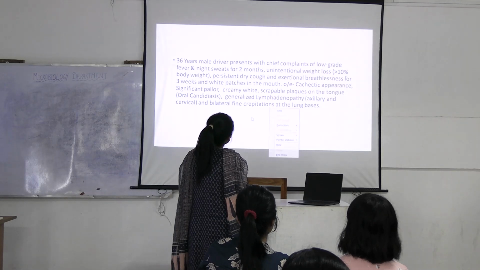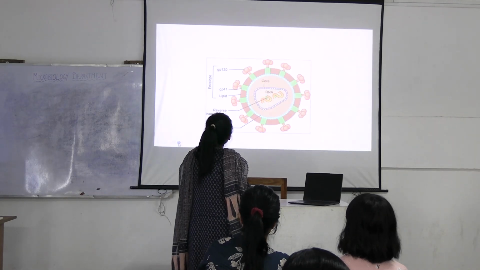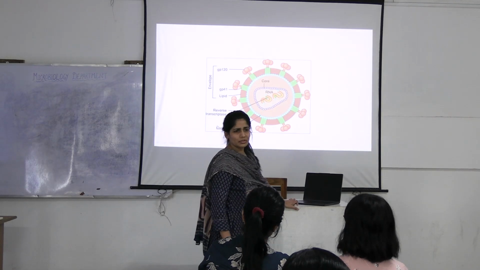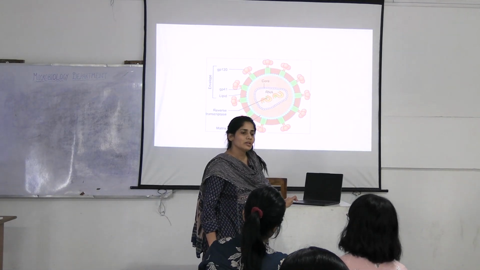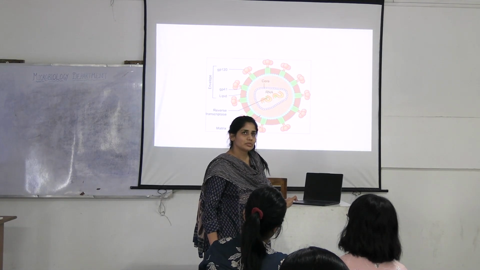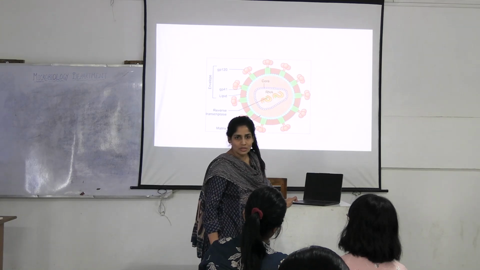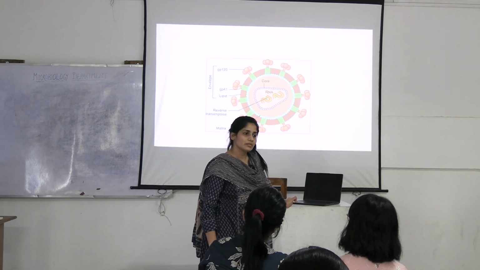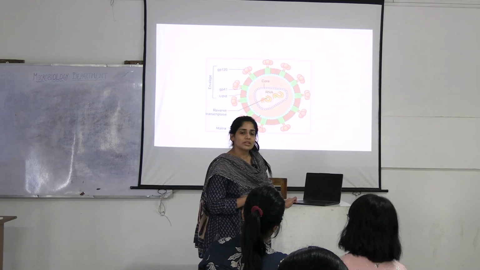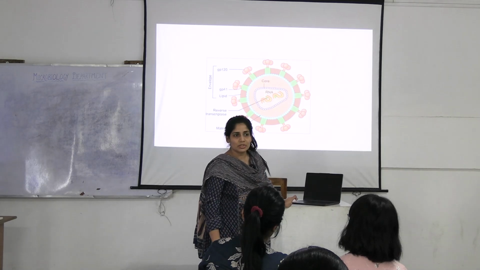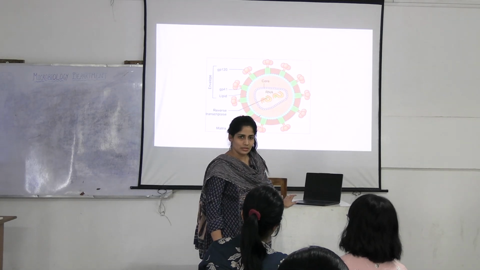There are 2 serotypes. You might have heard about HIV-1 and HIV-2. Out of this, HIV-1 has groups M, N and O, and M is again classified into subtypes, and both of them are classified into subtypes. In HIV-1, subtype C is most common in the world and in India. Okay.